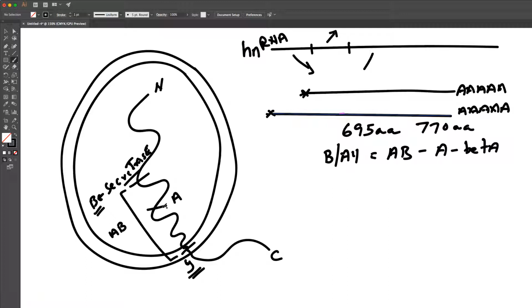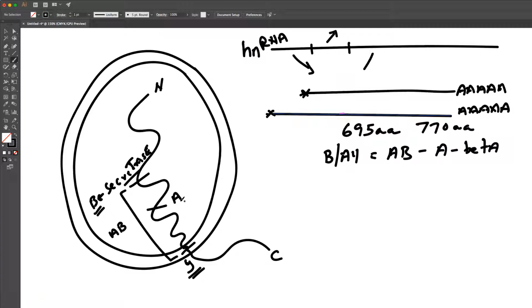And of course, when the beta fragment gets cleaved here, then it yields a non-pathogenic form. So there's two pathways, one that produces this A beta fragment and another cleavage pathway in which that fragment can be cleaved by alpha secretase.